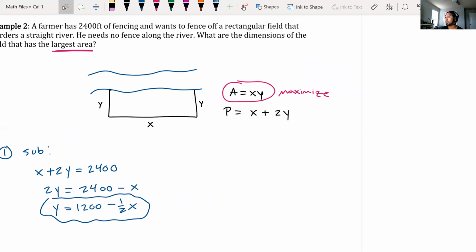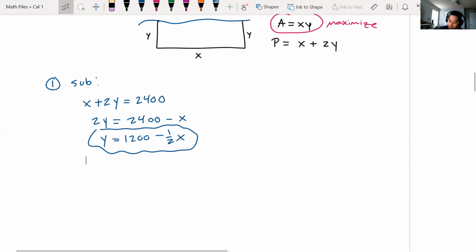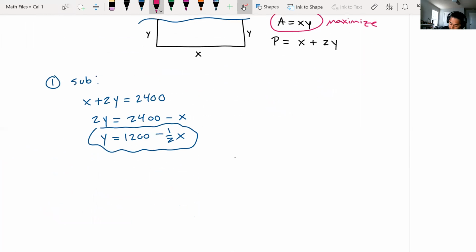Now, once again, we're going to take that y value and plug it in for the y variable in the area equation. So step 2, plug y into area.